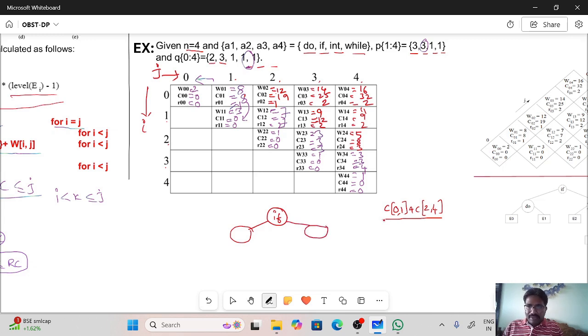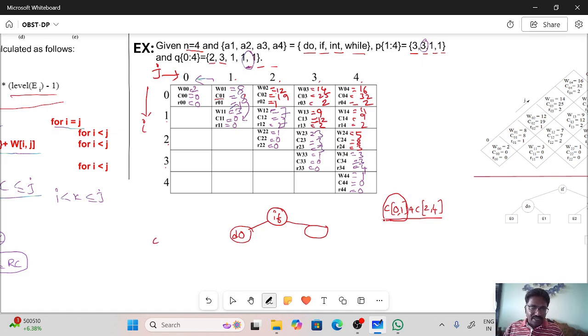My left side is given by C01. I go for the C01. What is the rank? 1. What is the first element? Do. So that means this is the do. For this do, for which k value does it give us? 1. My rank is 1.